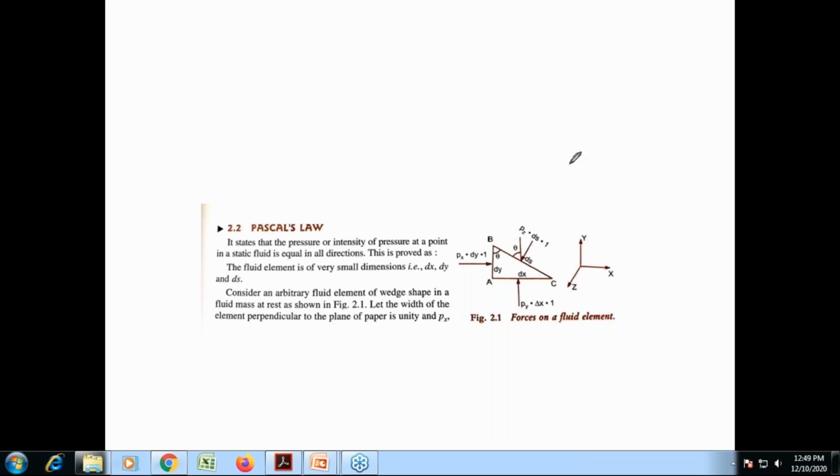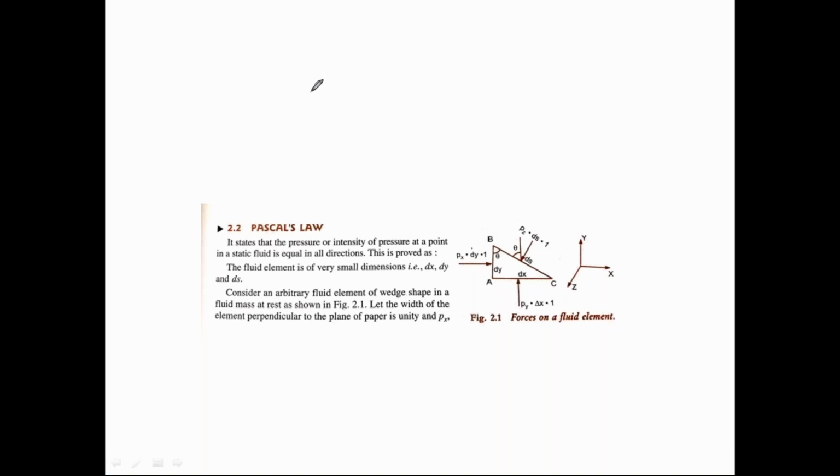And we show the forces acting on surface AB, the forces acting on BC, and the forces acting on AC. The force acting on AB is Px into dy, where Px is the intensity of pressure, dy is the vertical length of that AB, and 1 is the unit length perpendicular.